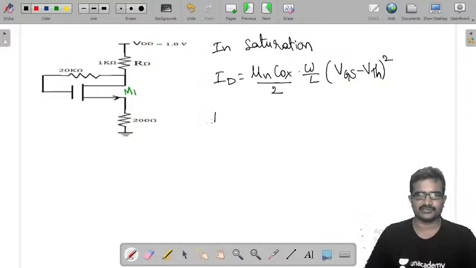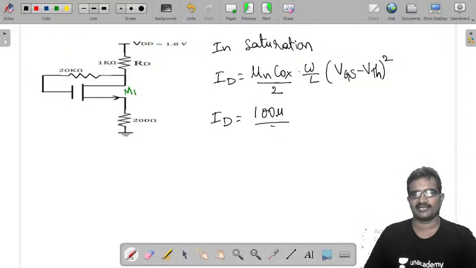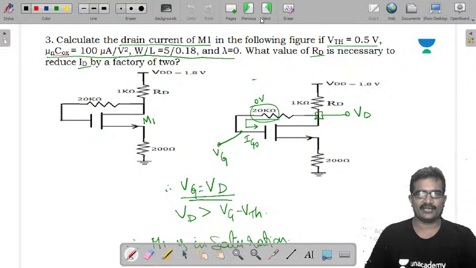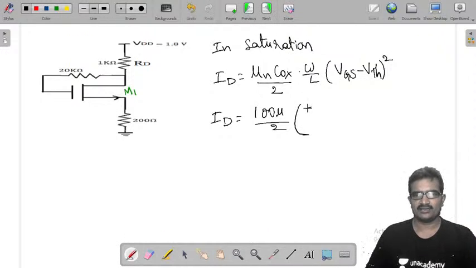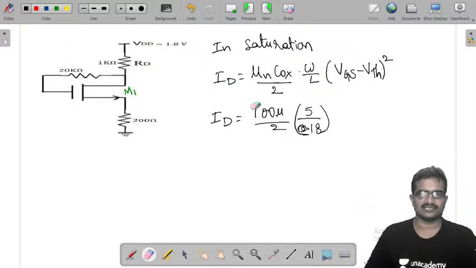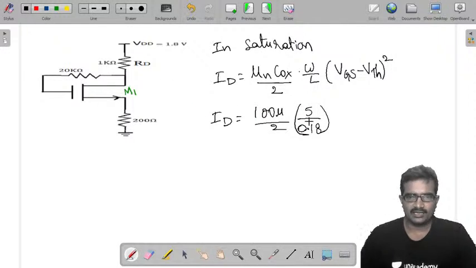Substitute the values. Therefore ID is mu n COX 100 micro by 2, W by L value 5 by 0.18. That means it is a 180 nanometer technology. Length of the channel is 180 nanometer.